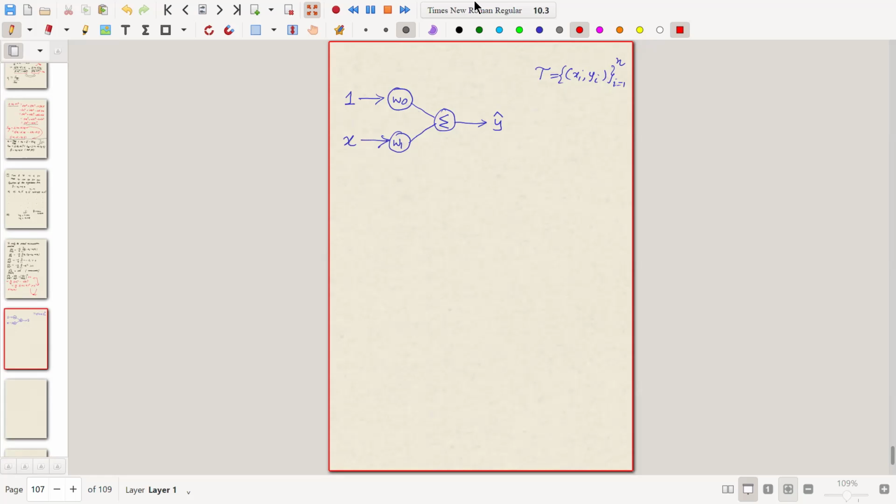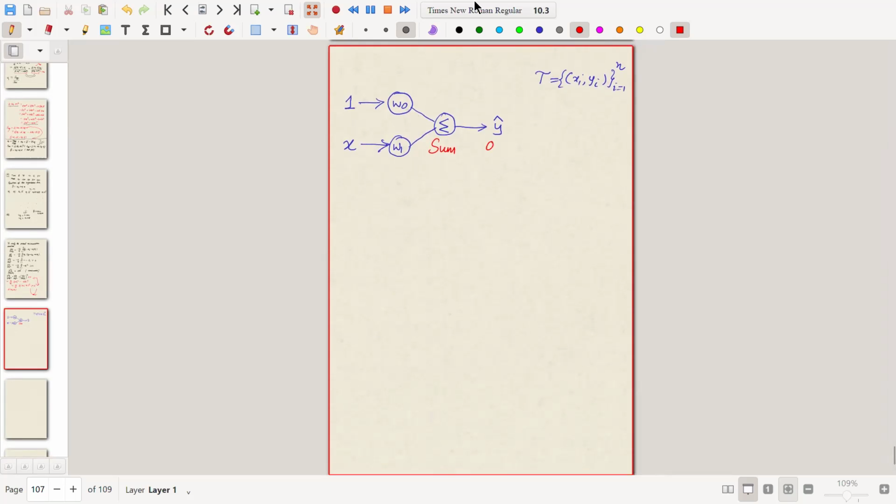Here W0 will go, here W1 x will go. Then what you are doing here, sigma means sum. You are summing it up. So what are you getting here? This is the y hat. What is that? It is the output. But it also has another name: the estimation function. So it's the estimation.